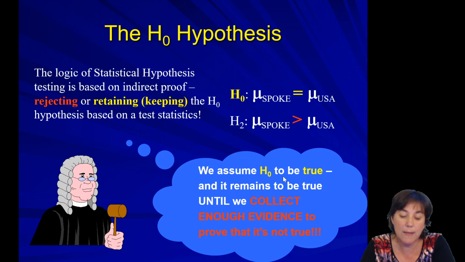But we assume H0 to be true unless we collect enough evidence to prove that it's not true, and in proving it not true, we want to prove that the SPOKE children in fact start to speak earlier than the US average. That's our goal here.